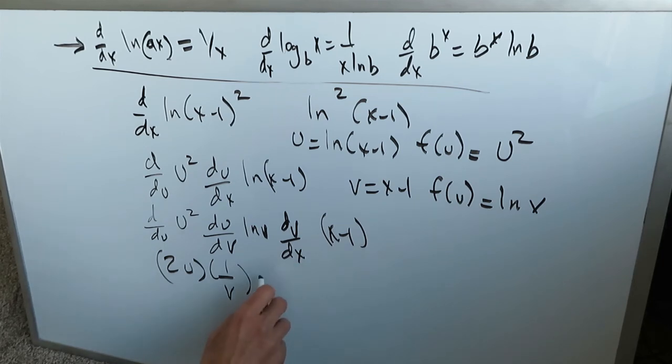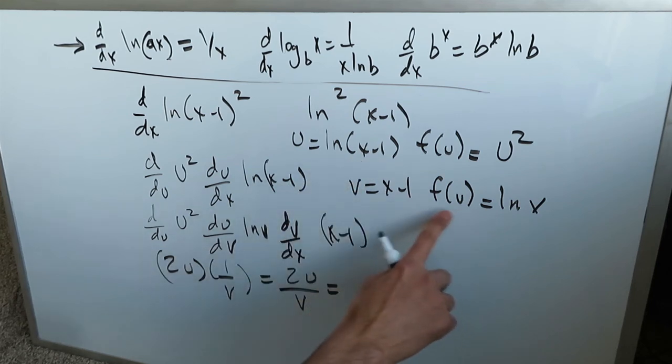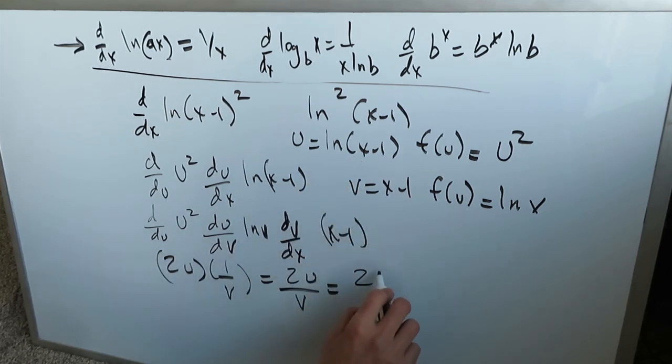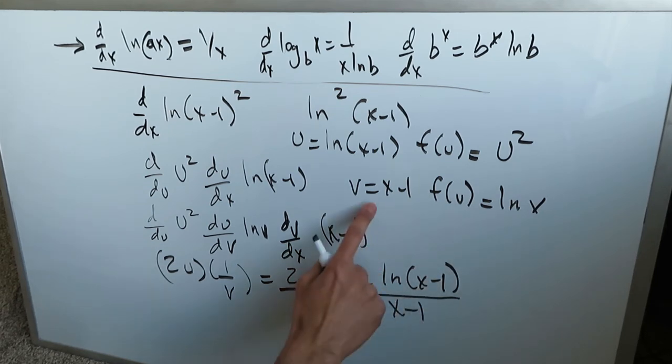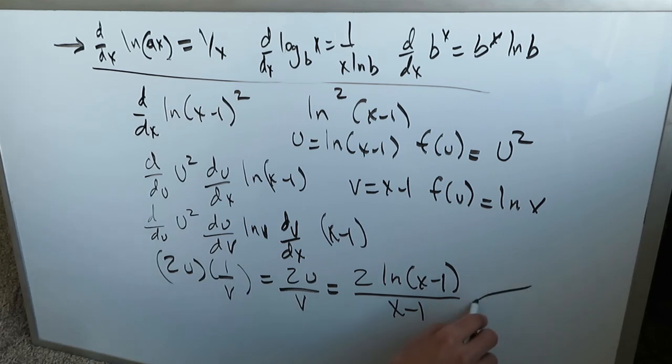It's easy. Now what you end up with is 2u over v, and you just have to substitute. Here's your u value, here's your v value. You get 2 times the natural log of x minus 1 divided by x minus 1, which is your v value, and you are done.